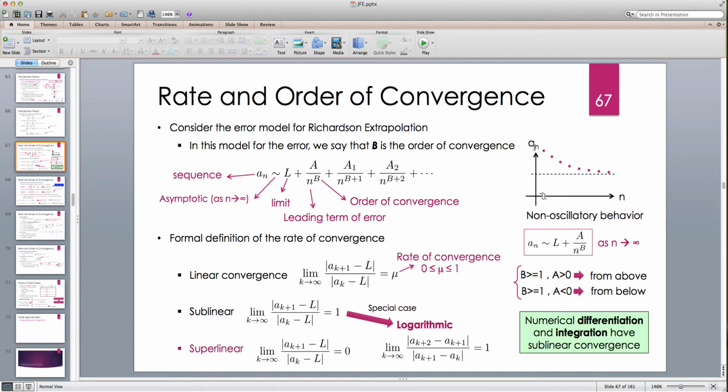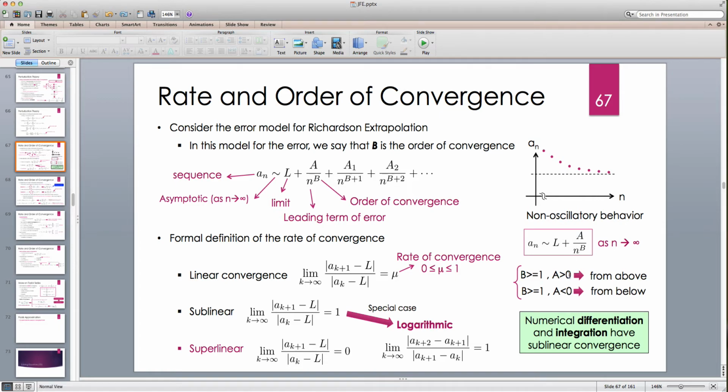And we saw that such sequences are suitable for Richardson acceleration, and the error model or the asymptotic behavior of the sequence as n goes to infinity is the limit plus some constant over n to the b, and b should be greater than or equal to 1, otherwise the sequence might diverge.